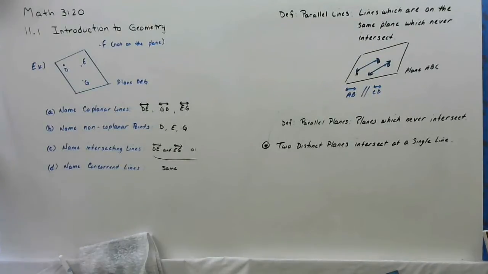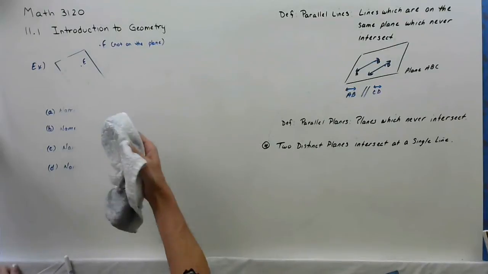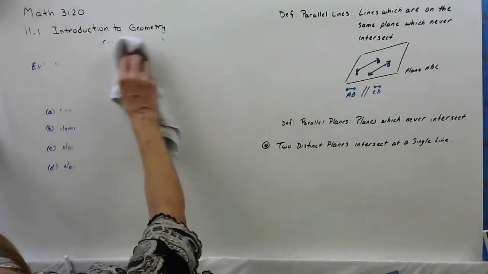Now that we've talked about points, collinear points, lines, planes, and all kinds of parallel lines, coplanar lines, and intersecting lines, let's also address angles.